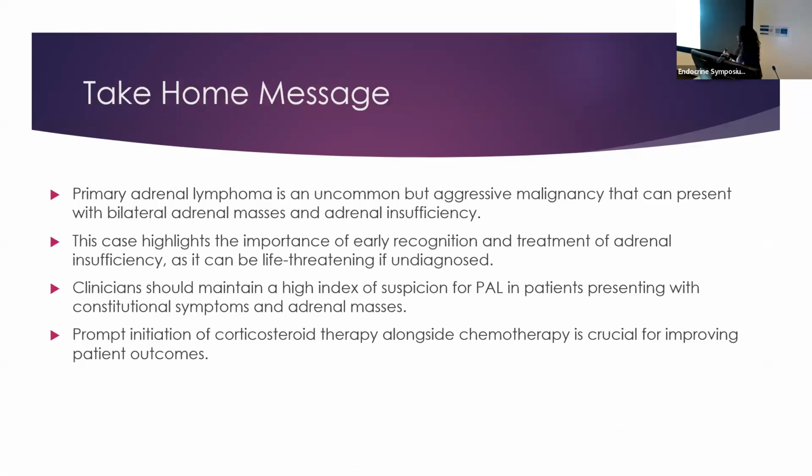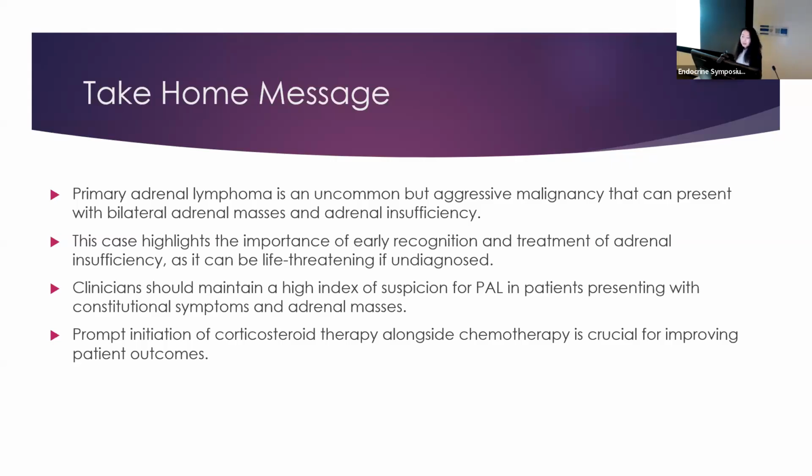So from this case, what we learned: first, primary adrenal lymphoma is really rare. However, it is quite aggressive and can present with bilateral adrenal masses and adrenal insufficiency. Early recognition and treatment of adrenal insufficiency is essential because it is a life-threatening condition.